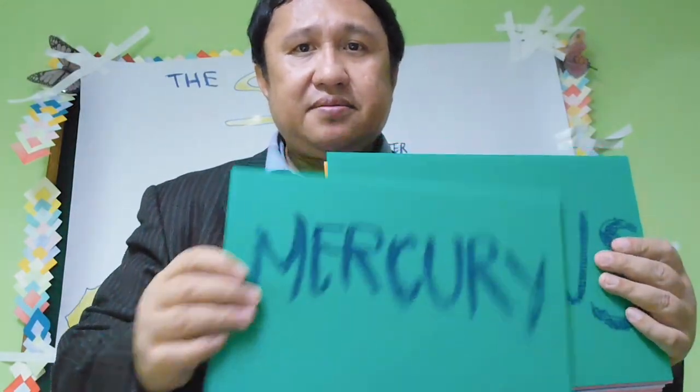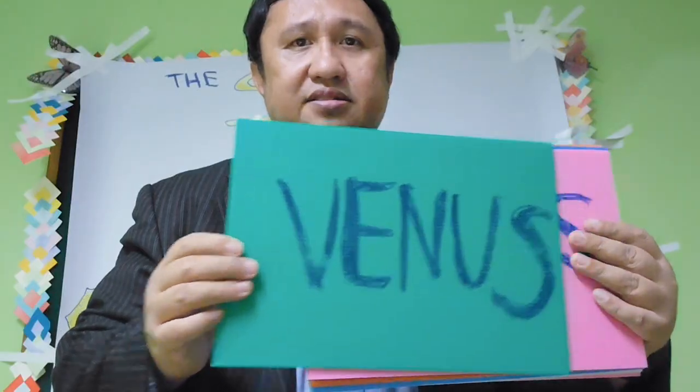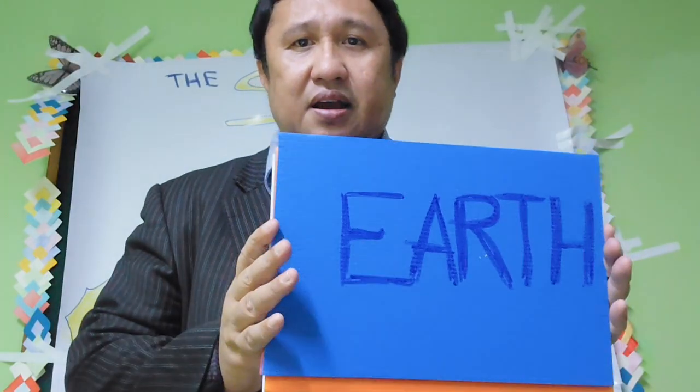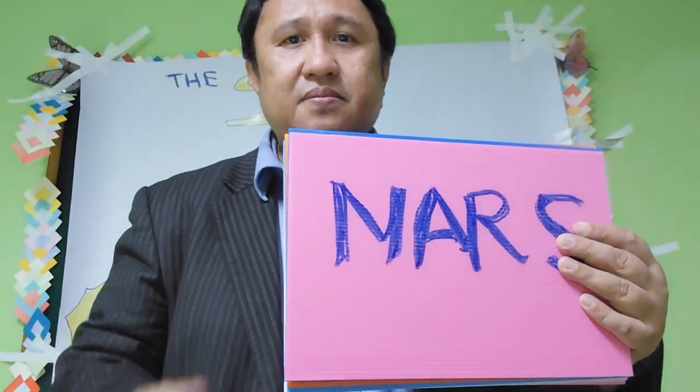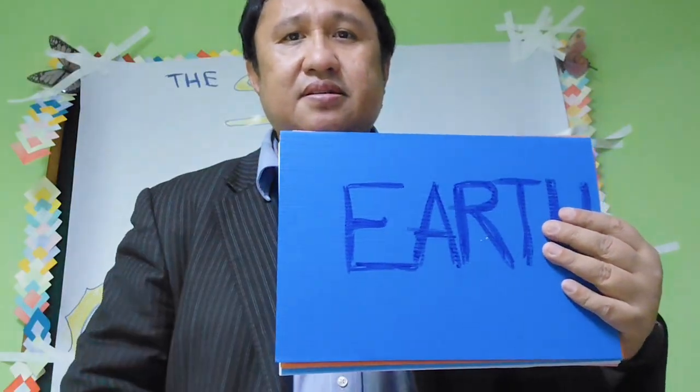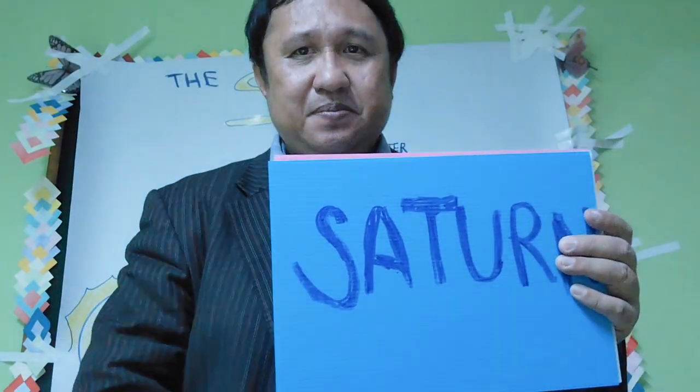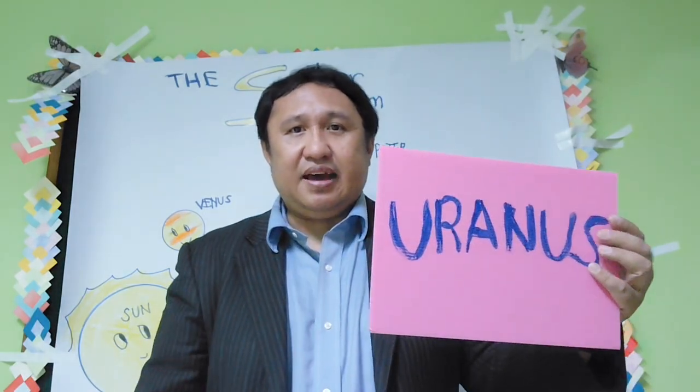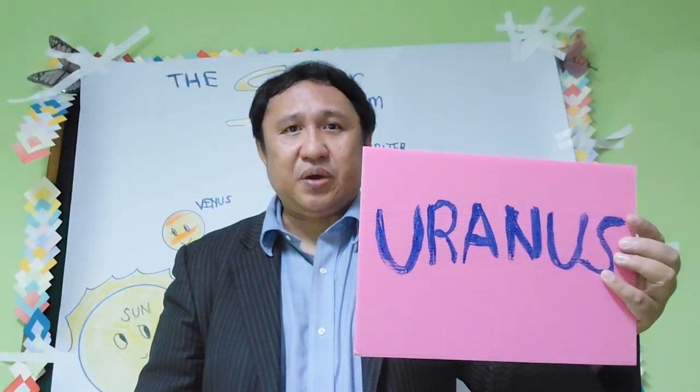Now to make sure that we remember the members of the planets, the Sun is the center of the solar system, and moving around it are the 8 planets. We have Mercury, Venus, Earth, Mars, Jupiter, Saturn, Neptune, and Uranus.